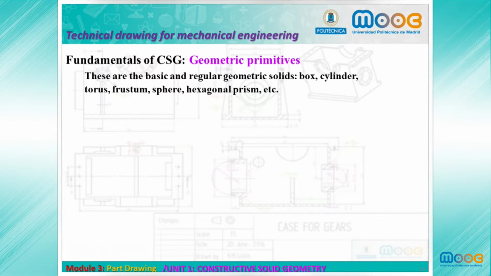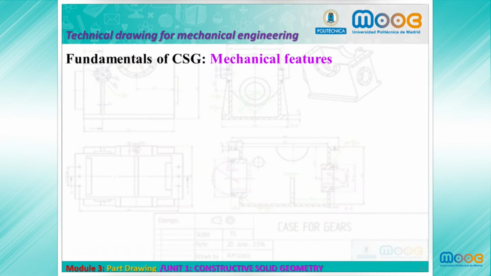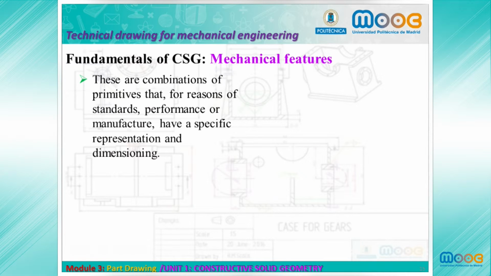Well, geometric primitives are the basic elements for CSG. These are the basic and regular geometric solids: box, cylinder, torus, frustum, etc. Also, we have as a basic element of CSG the mechanical features.